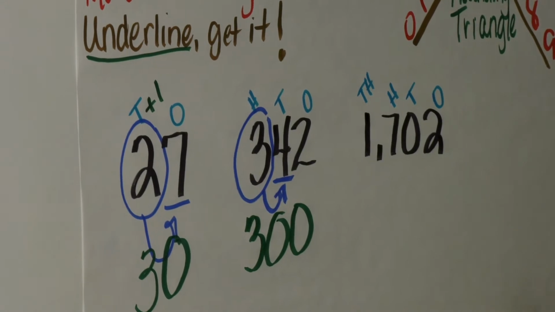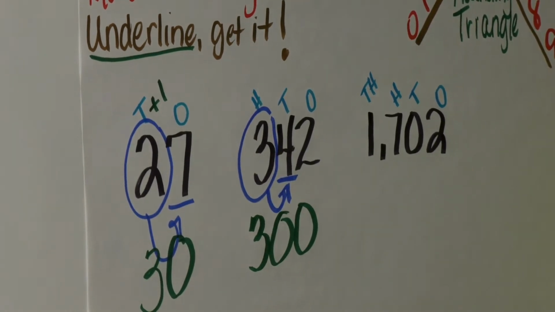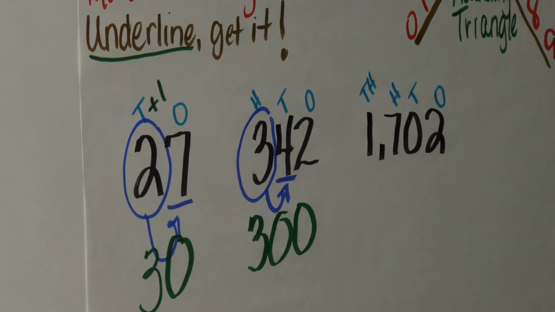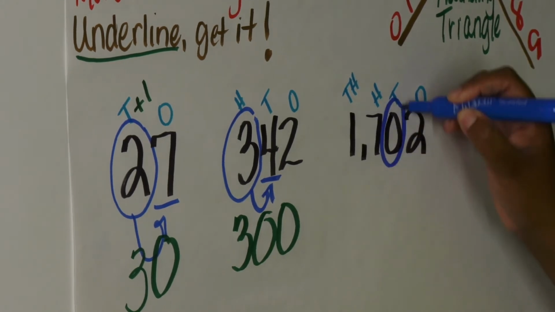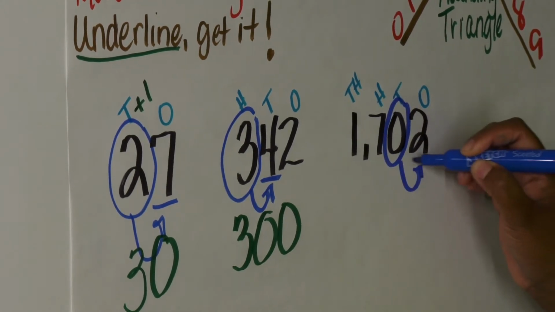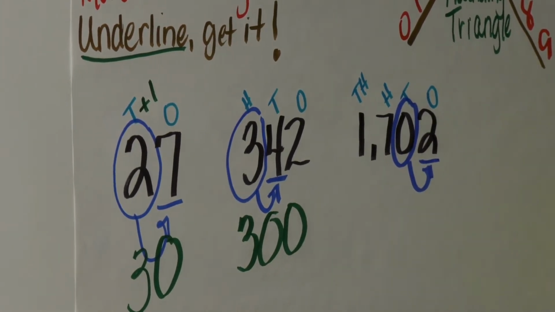Now say the question said to round to the nearest tens place. So the digit that's in the tens place is 0. That's the digit I'm going to circle. I'm going to move to the right and underline the digit on the right, which is a 2.